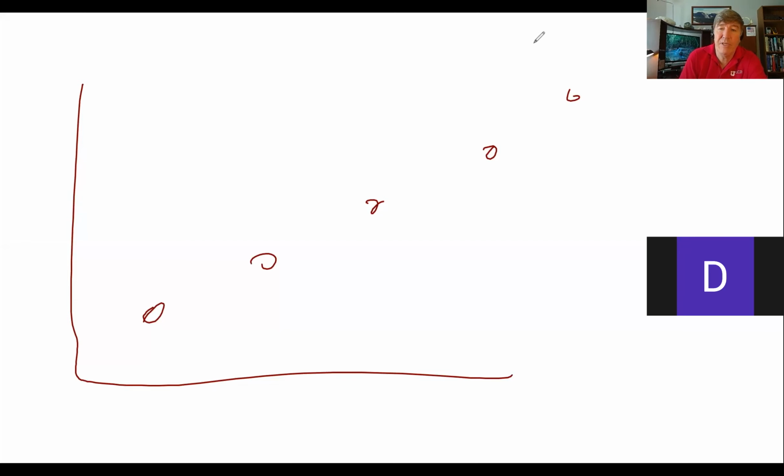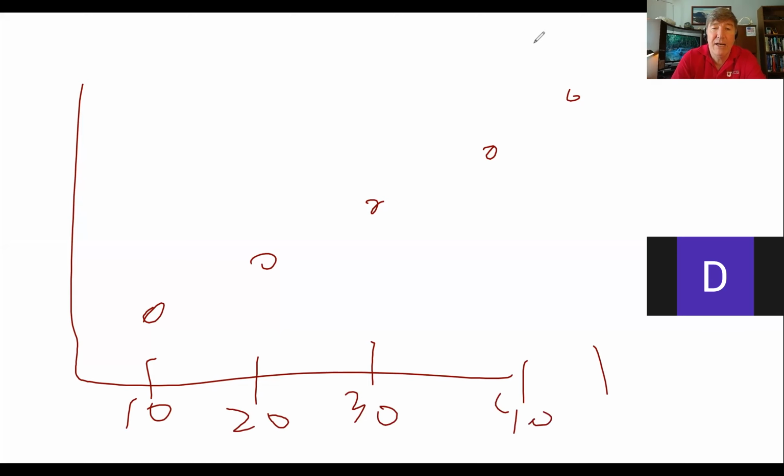Another thing that some people did that I wish you had done differently is they didn't label their axes. Now they did put numbers here. All right, so this is 10 and this is 20 and this is 30 and 40 and so forth and so on. But they didn't tell me 10 or 20 what. So I don't know if the numbers on the x-axis are meters or seconds or shoe size or what.